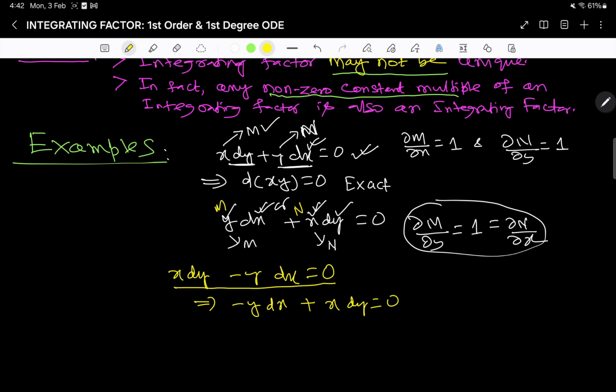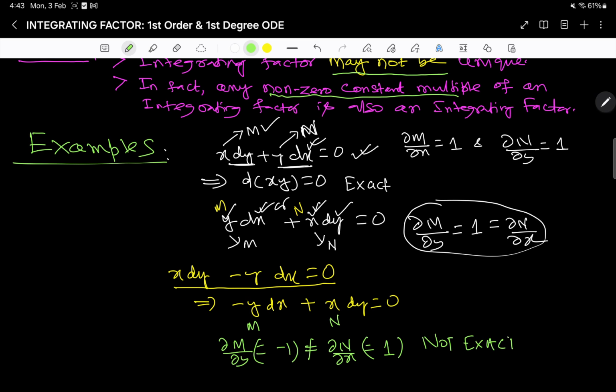So what is my M? My M is minus y and my N is x. Del M by del y is equal to minus 1, but del N by del x is equal to 1. So del M by del y is not equal to del N by del x. So it is not exact.